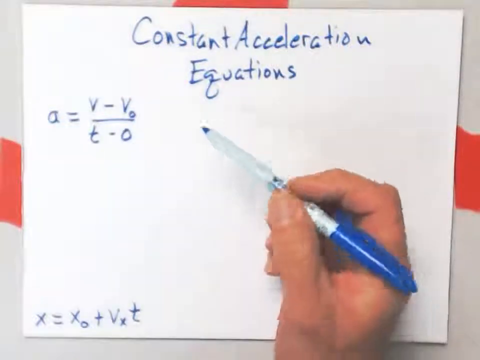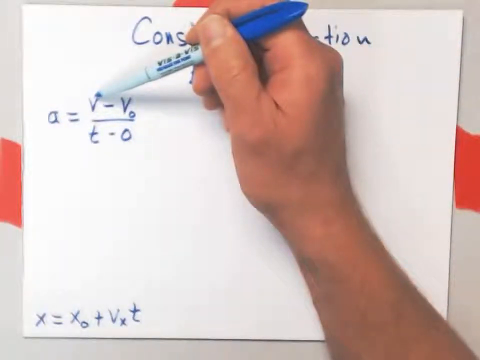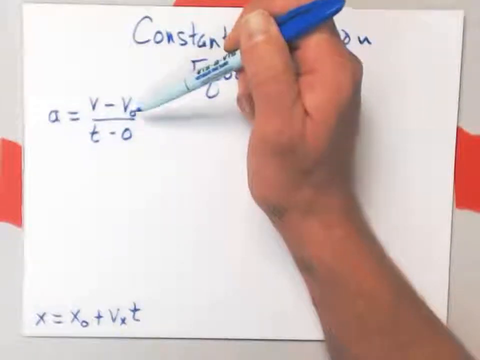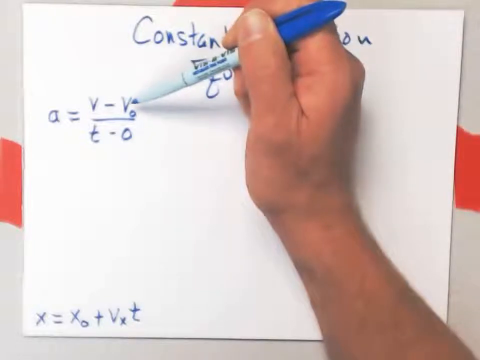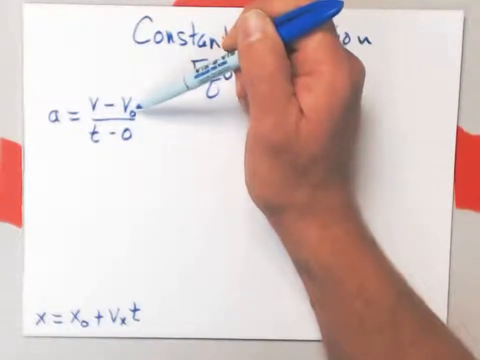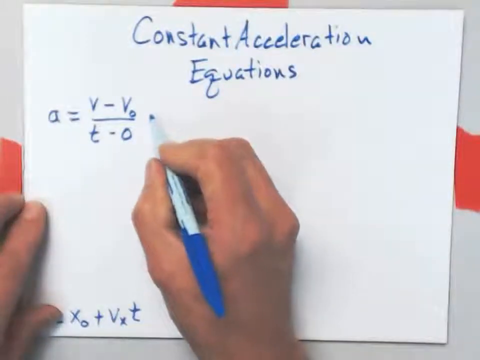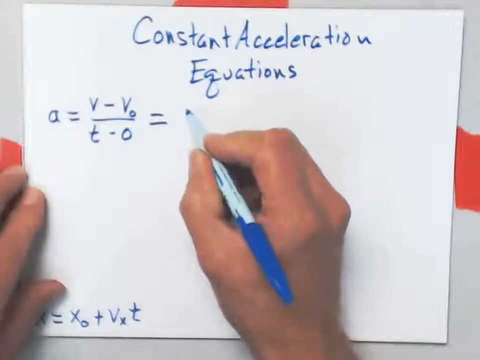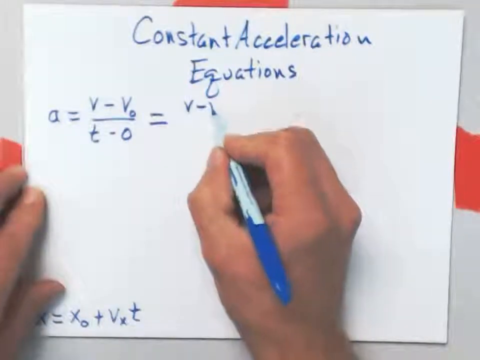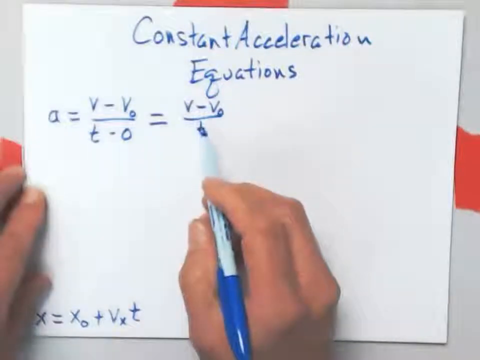Now, v is going to be the velocity at some time t. V naught, v sub 0, is going to be the velocity at time 0. If I rewrite this expression, I don't need the minus 0 on the bottom, because when you subtract 0 from something, you don't lose anything.